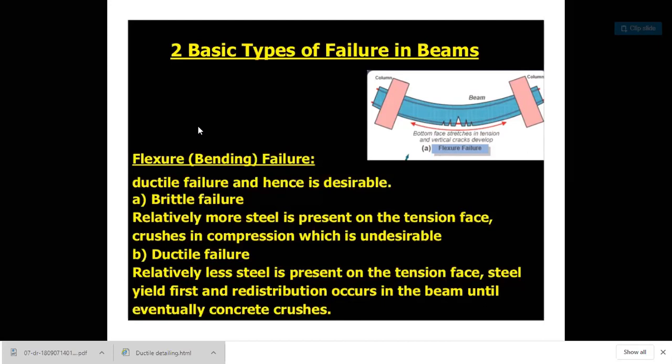Once again, we'll learn about the ductile detailing of RCC members. In this lecture, we have seen some of the ignorance on the construction site, which reduces the ductility, with respect to opening the steel, the main steel, from the structure.